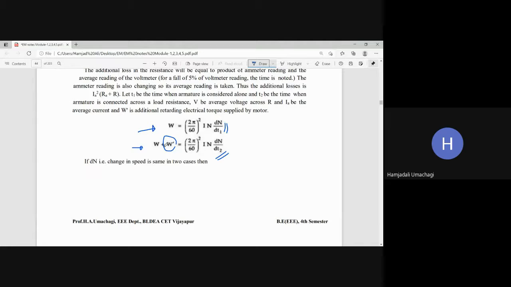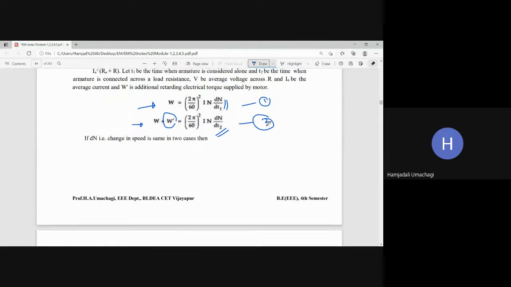Now you take the ratio of W plus W' divided by W, which is equal to (2π/60) whole squared I N dN/dt2 divided by (2π/60) whole squared I N dN/dt1. Suppose this is equation 2 and this is equation 1. Now take the ratio, equation 2 by equation 1.